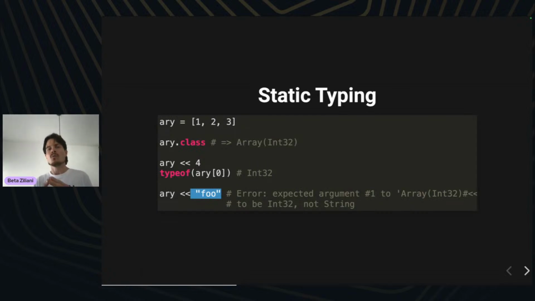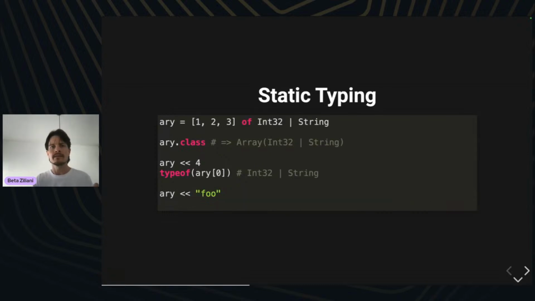Now, what if you do want to have integers or strings, and it just happens that at the beginning you only have integers? Can you do that? Yes, you can. This is when type annotations help you, and you can say, well, actually that array is not of integers, but it's an array of integers or strings.